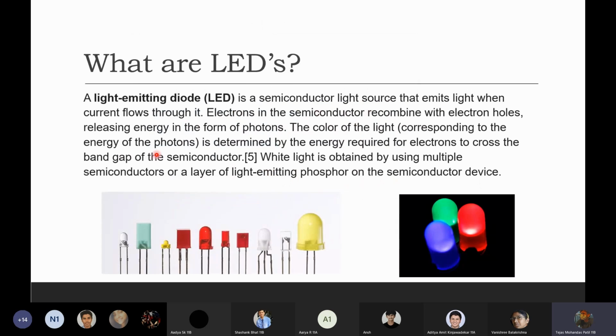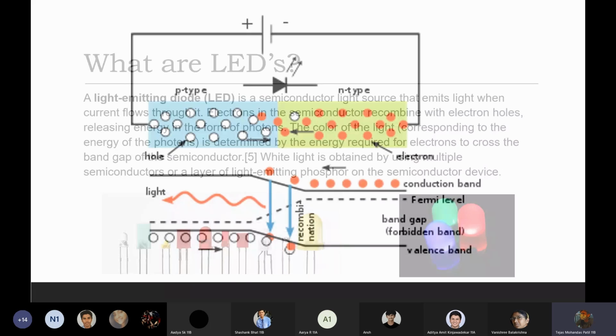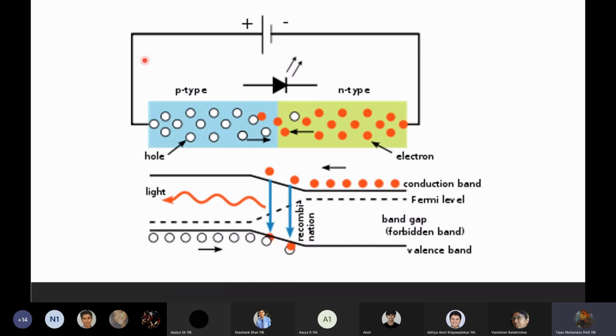So what are LEDs? A light emitting diode is a semiconductor light source that emits light when current flows through it. Electrons in the semiconductor recombine with electron holes, releasing energy in the form of photons. You know how a PN junction works, right?